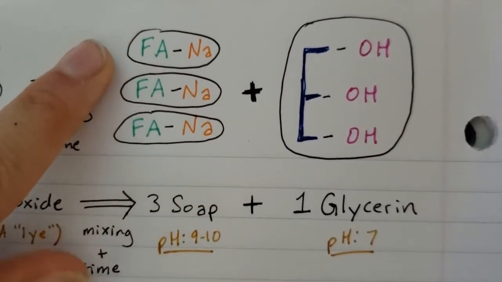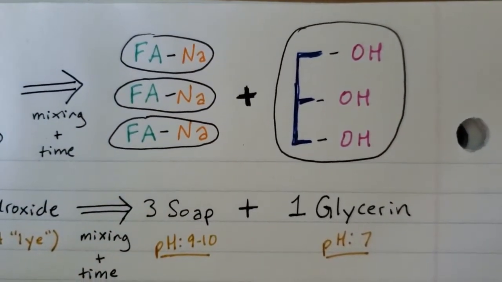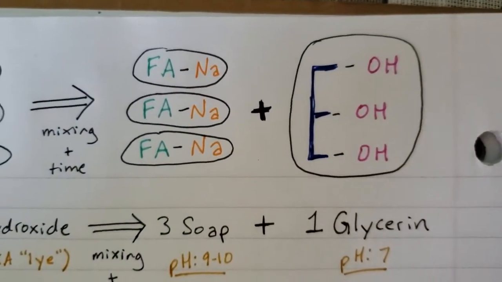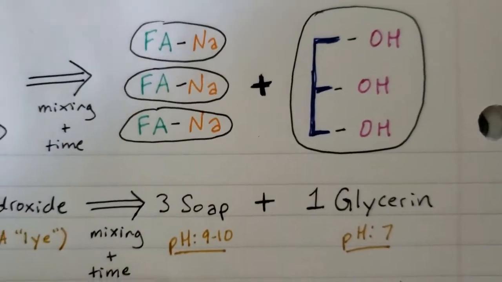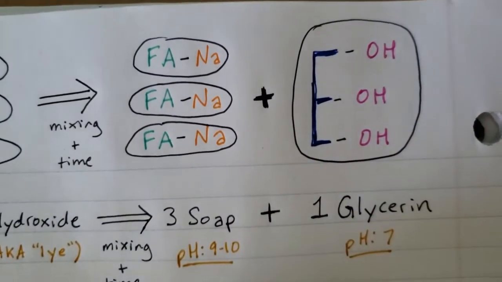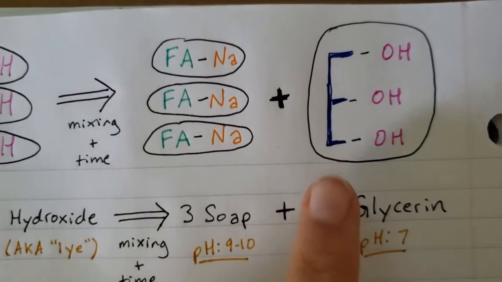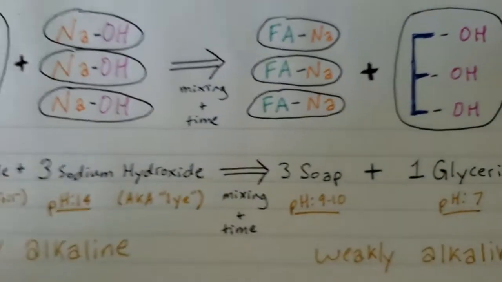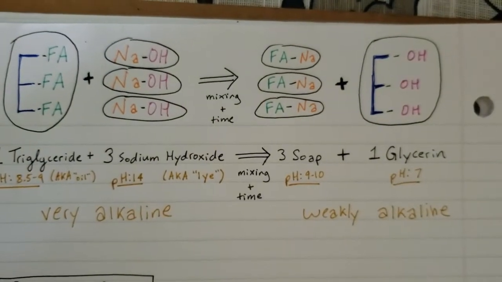When you wash your hands, because this has a hydrophilic side and a hydrophobic side, it will take the oil off of your hands. So that's soap. It's slightly alkaline, 9 to 10 pH. And you also get a glycerin, which is neutral, and that is the carbon structure with the leftover hydroxides. So that is the saponification reaction.